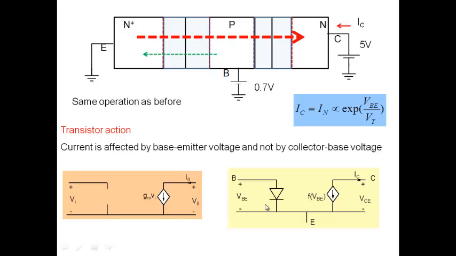Well, let me write base, emitter and collector, 3 terminals. Between base and emitter, what do I see? A PN junction. So there shouldn't be any problem with this view. It's a PN junction.